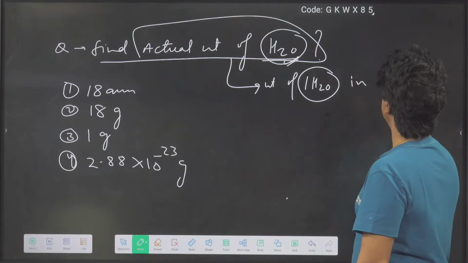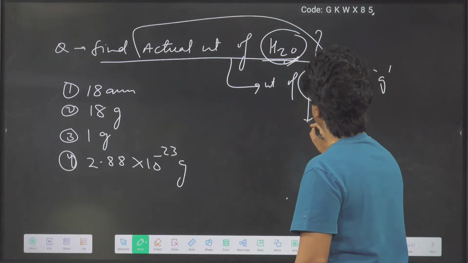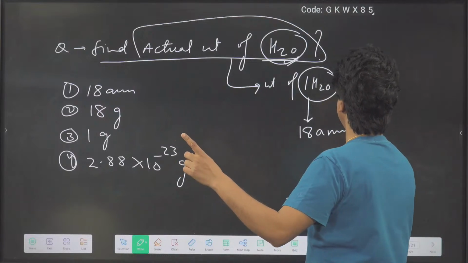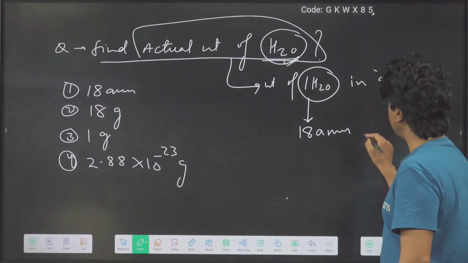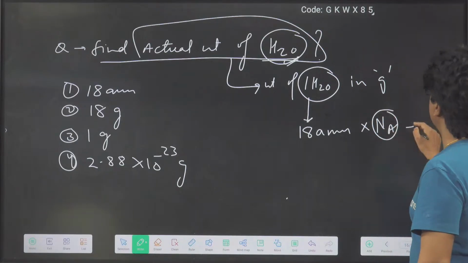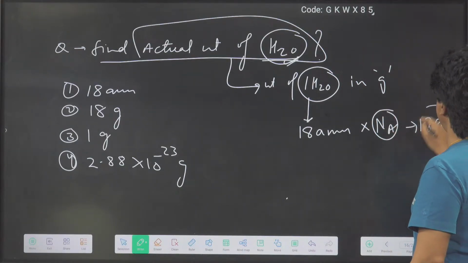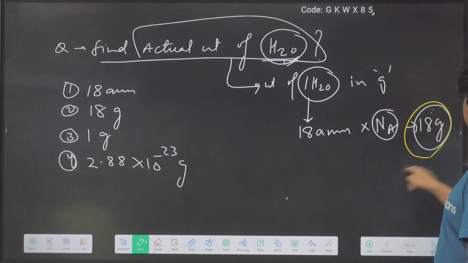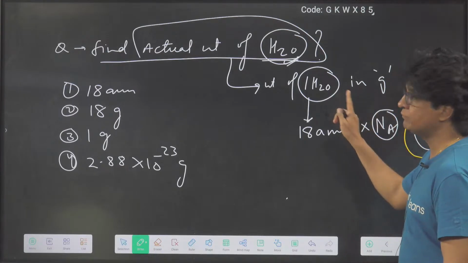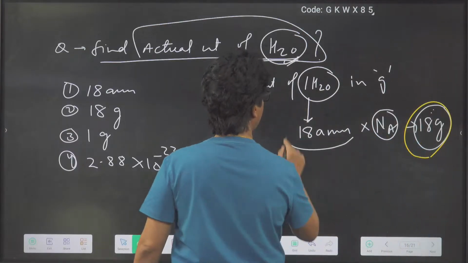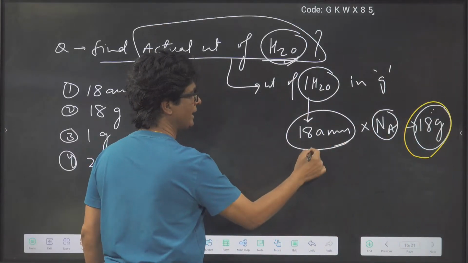So actual weight is basically the weight of one water molecule in grams. Technically the weight of one water molecule is 18 AMU, right? But if I take 1 mole of water molecules, they will have a weight of how much? 18 gram. So 18 gram is the weight of 1 mole of water molecules, but not of 1 molecule of water. So this is the weight of one molecule in AMU.